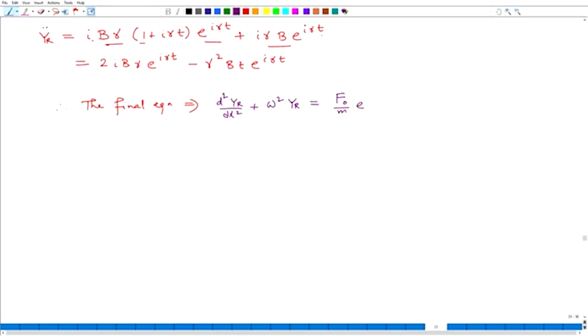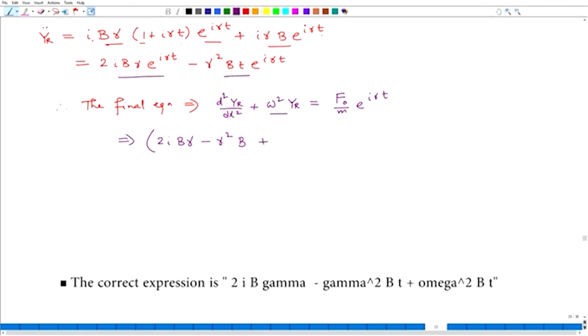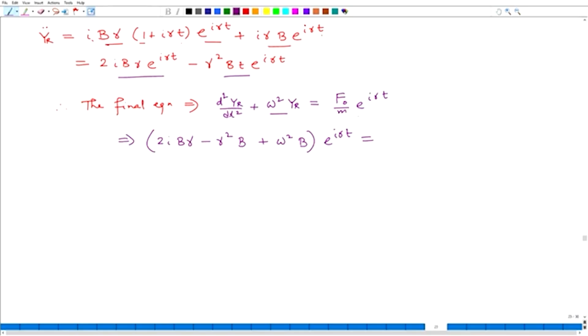Then you simply write 2I b gamma minus gamma square b, I am just writing these two terms, and then plus this term, omega square b, e to the I gamma t is equal to f0 by m e to the I gamma t.